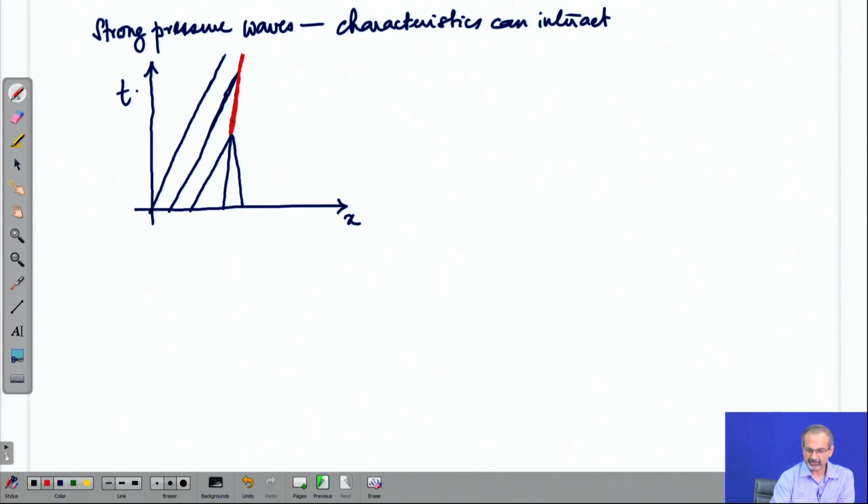When do they interact, forming a shock wave? When characteristics of the same family merge together. Why are they merging? Because different characteristics are moving with different speeds. These are the comparatively faster moving characteristics, and these are the slower ones.